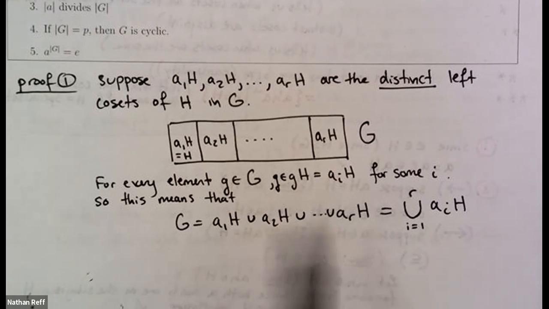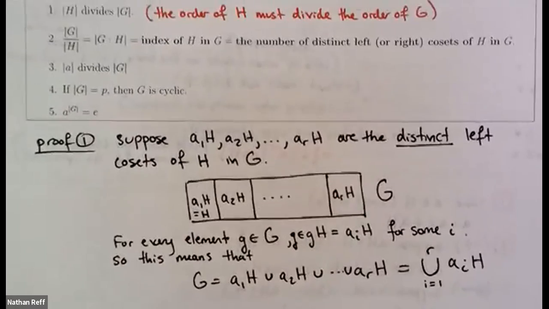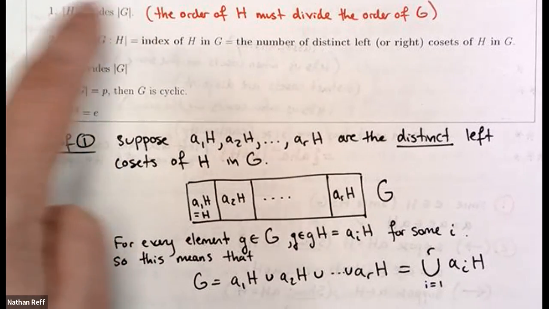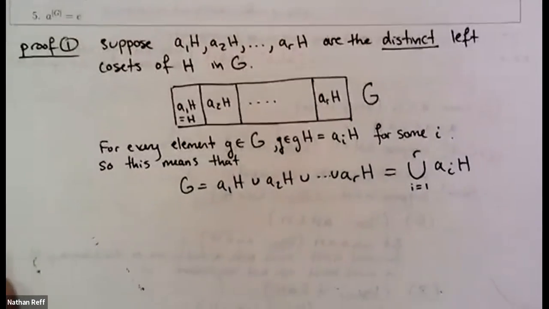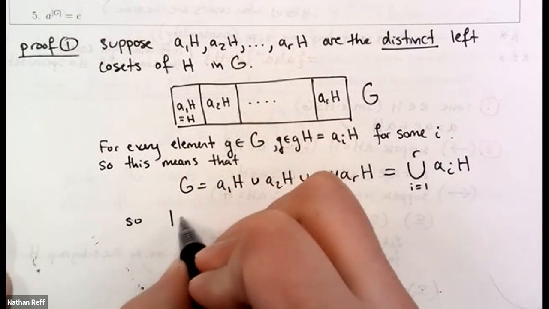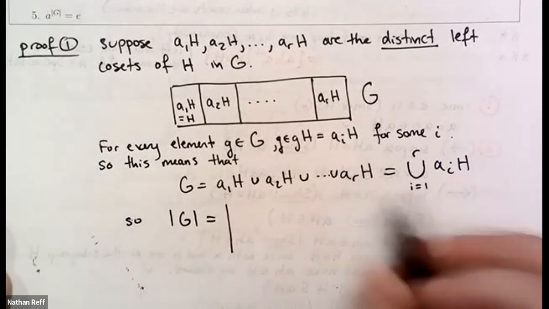Okay? So all these unions. Okay, so G is equal to that union, but this theorem we're proving has to do with the order of G, and we're trying to show that the order of H divides the order of G. So now that I have this representation of G, can you compute the order? Okay, so what would the order be? Well, the order would be the order of this union.